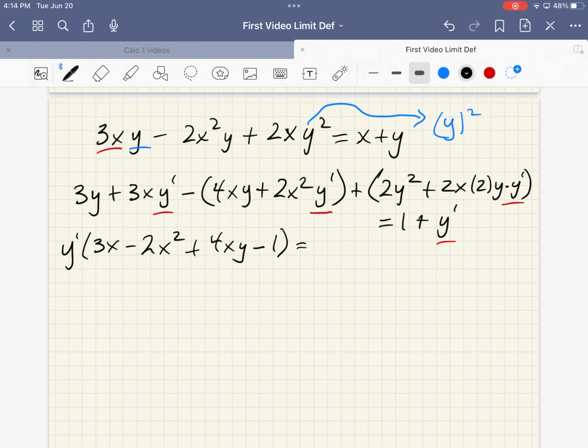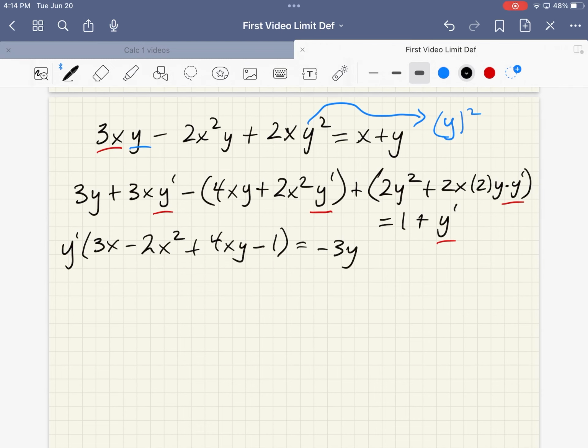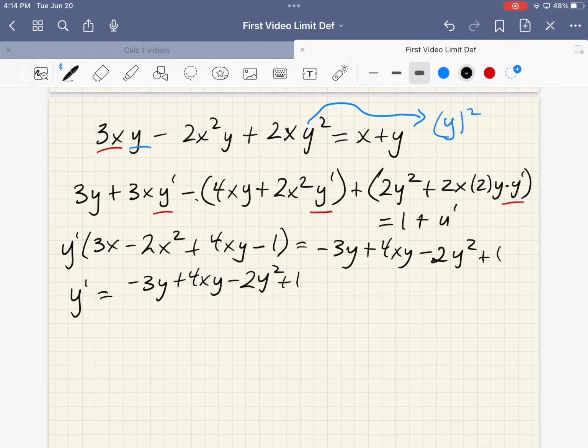So I've got this negative 3y, I've got this positive 4xy, I've got a negative 2y squared, and then I have this 1. So now I divide over and I get y prime equals negative 3y plus 4xy minus 2y squared plus 1 all over 3x minus 2x squared plus 4xy minus 1.